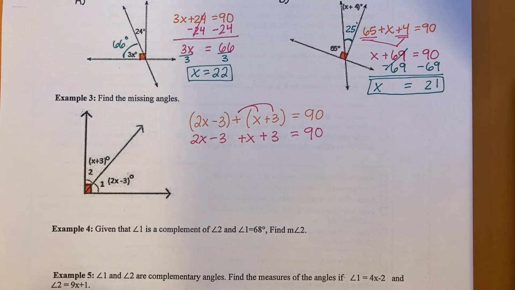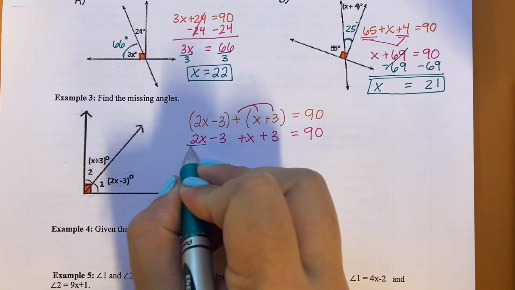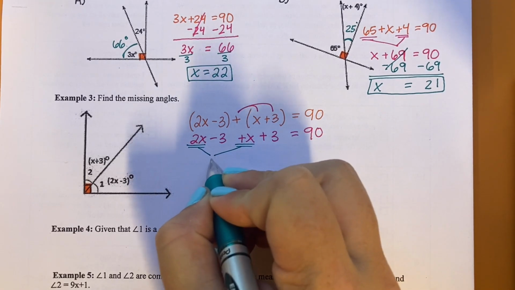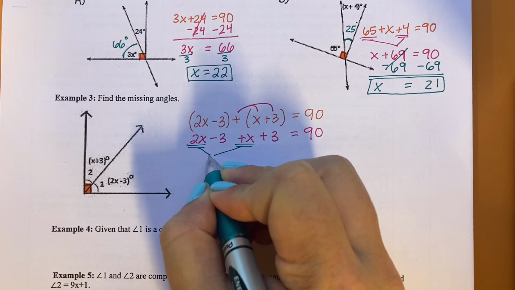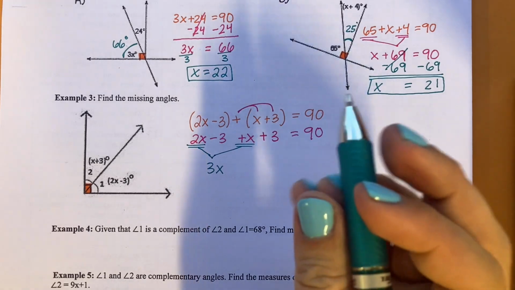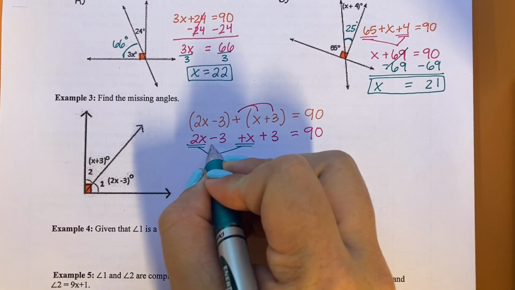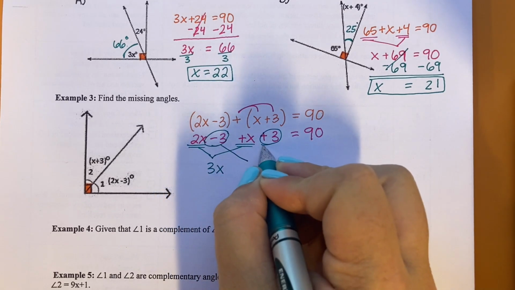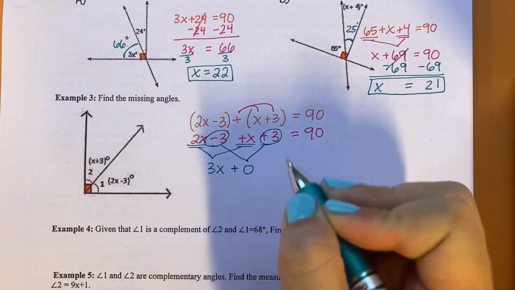I am now going to combine like terms. 2x and 1x together make 3 x's. And then we have a negative 3 and a plus 3. And when I put those together, they make a 0.